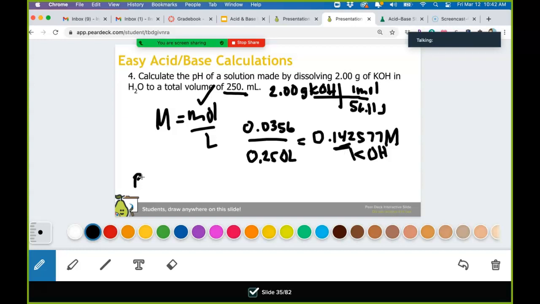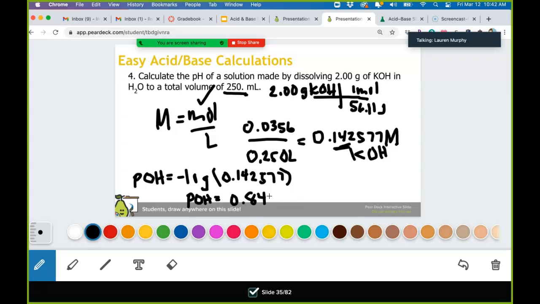So pOH is opposite the log of OH, which is this concentration, 0.142577 something. So the pOH is 0.84595 something.